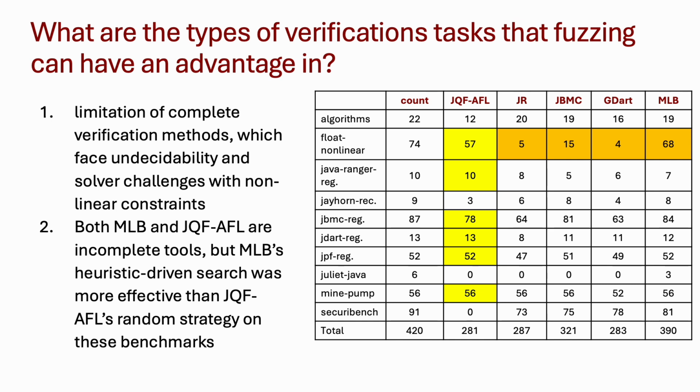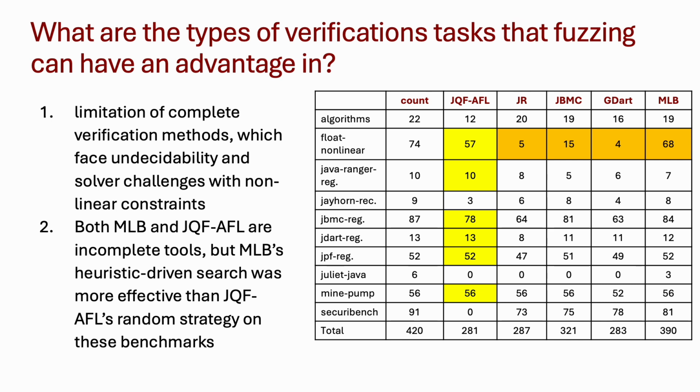And the reason for that is, again, these are complex floating functions, and verification tools that completely translate to a solver formula or constraint had sometimes trouble in doing the right translation. And this is, of course, an advantage for JQF-AFL, where it can be useful at that point.